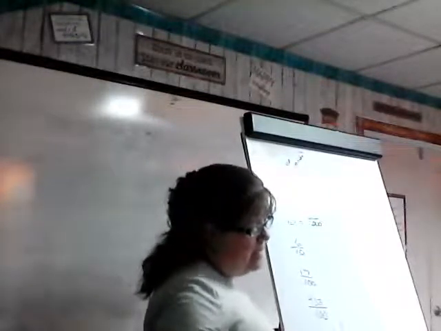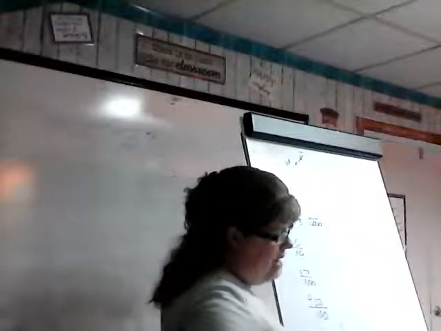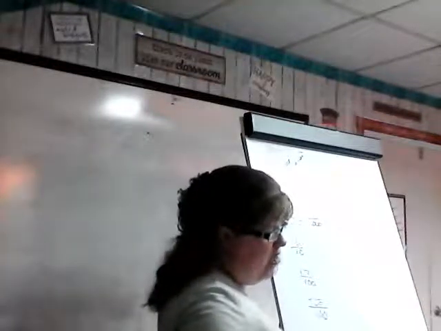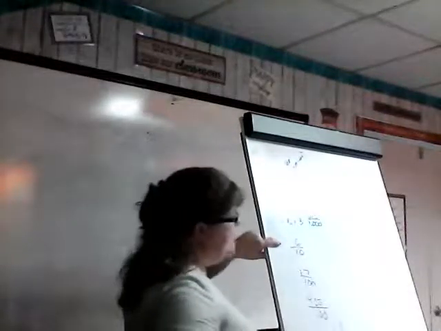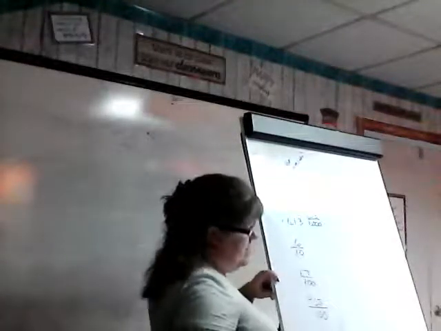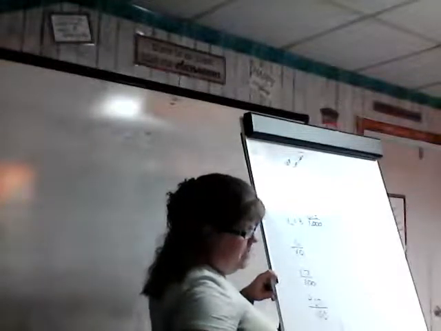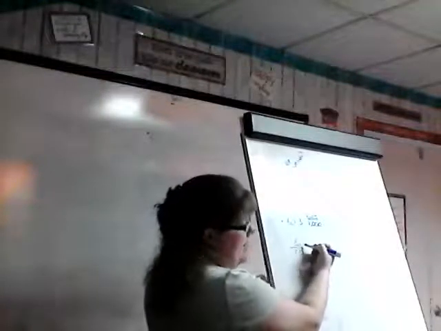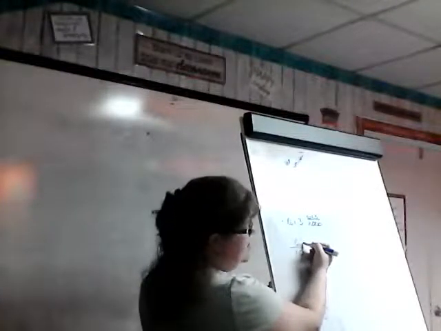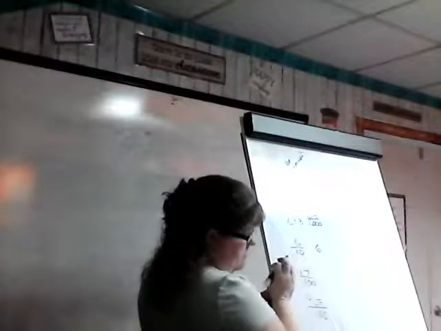Let's look back to number 2. Number 2 actually asks us to do the opposite. It asks us to write each fraction as a decimal. So if they give you the fraction, you need to write it as a decimal. So are we both at number 2? Okay. So to write my fraction as a decimal, I take the number in my numerator and write it here.